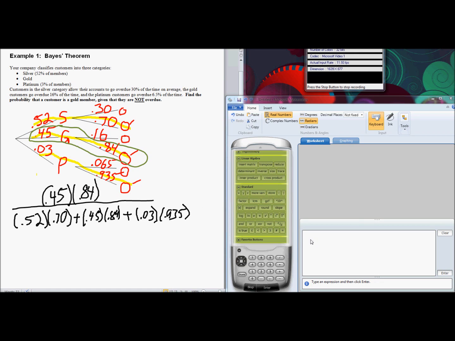Now let's use some technology here to help us compute the answer. I'm just going to type it in. So we're going to do 0.45 times 0.84. And then I'm going to do the same thing for the denominator.